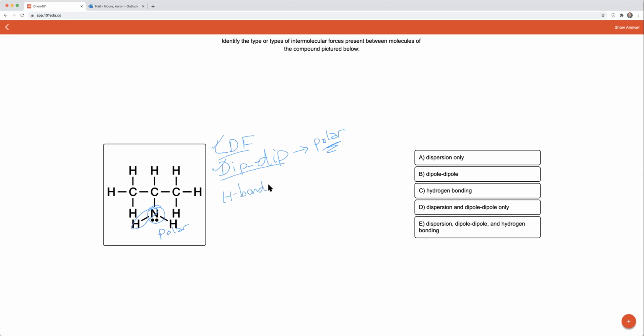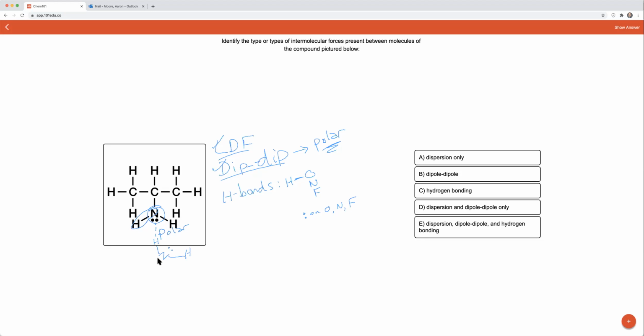So this does have hydrogen bonds, because remember that the requirements for hydrogen bonding is that you have to have a hydrogen that is connected to either an oxygen, a nitrogen, or a fluorine, okay? And therefore it has to also be near another lone pair on an oxygen, nitrogen, or fluorine. And if there is a sample of these molecules like in a beaker, then this molecule can feel the hydrogen bond from the hydrogen on another one of those ammonia groups.